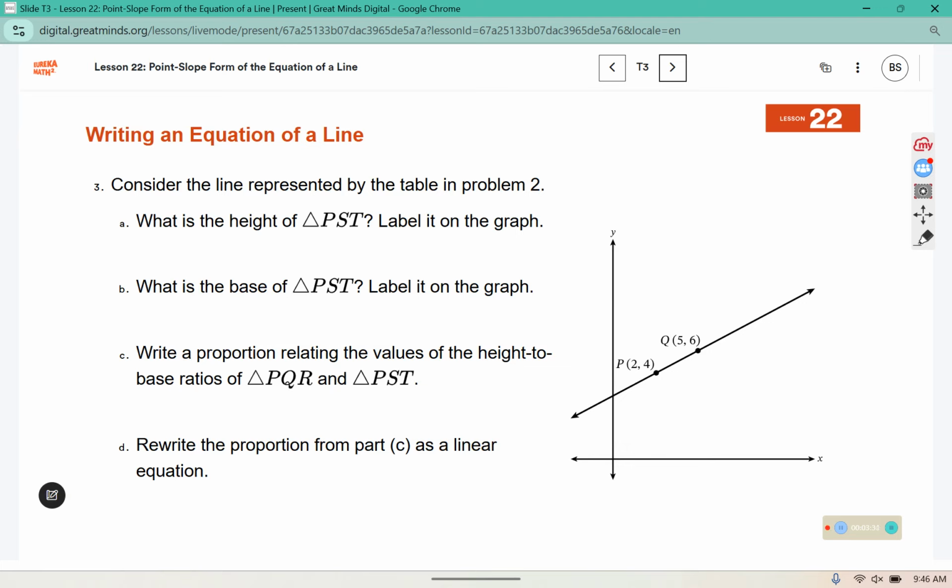Consider the line represented by the table in problem 2. What is the height of triangle PST? So we're going to put in additional points here.